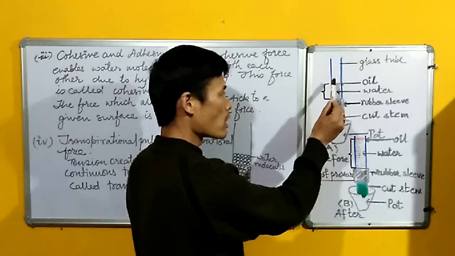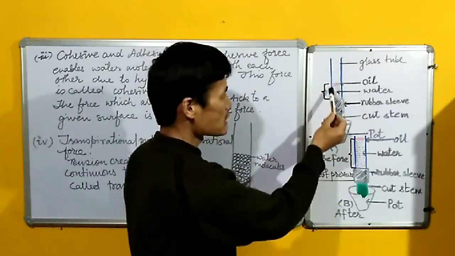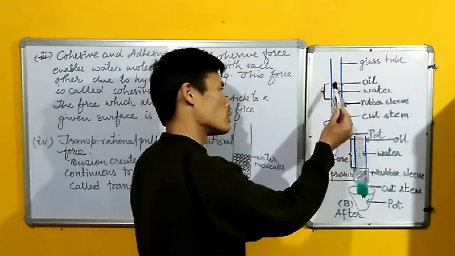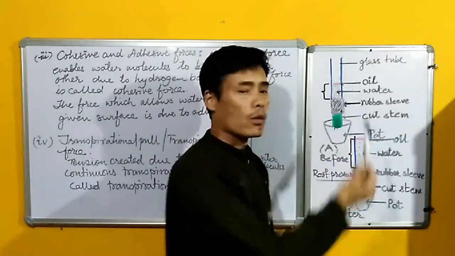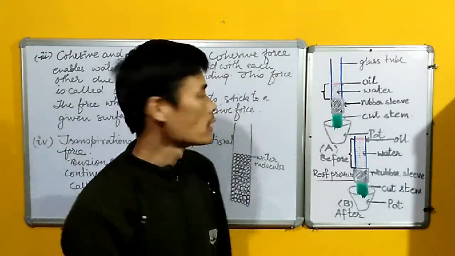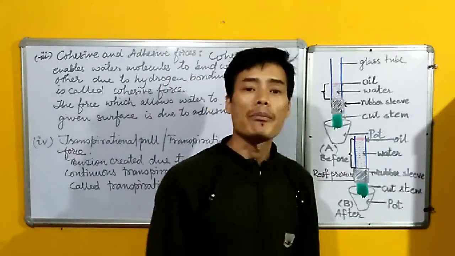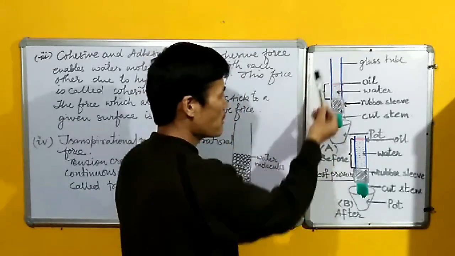A little bit of water is poured into this glass tube and a little bit of oil is also poured on the surface of the water in the glass tube. The oil prevents evaporation of water.